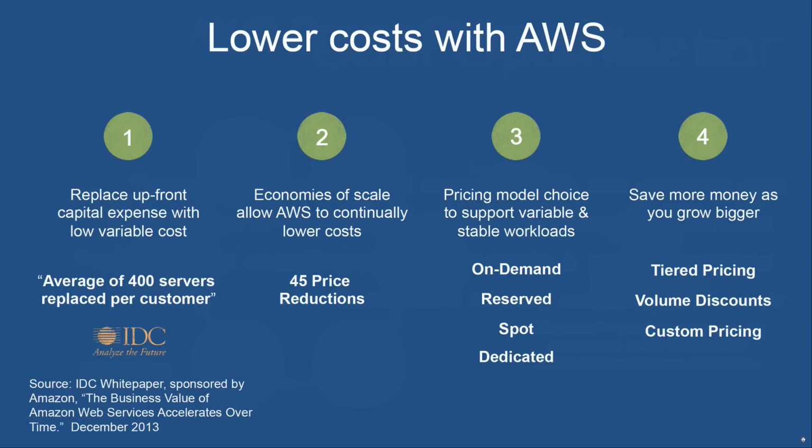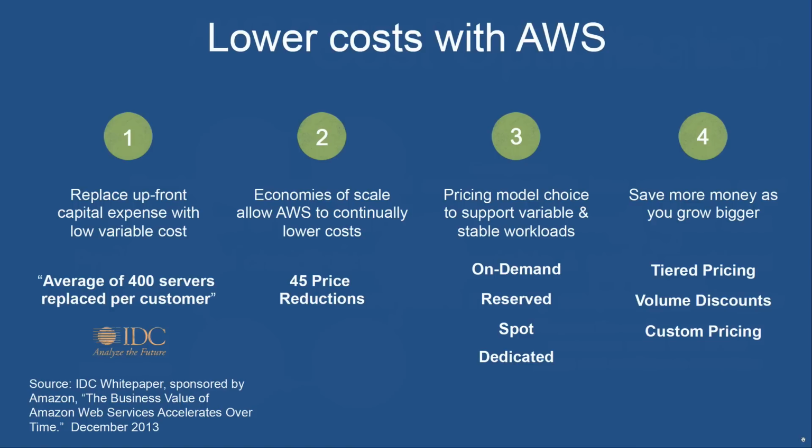And the characteristics of that low price model really are fourfold. So the first thing is this idea that you can replace upfront capital expenses with lower variable costs. And some work that was done by IDC towards the end of last year, where they were looking at the business value of AWS. They did quite a large survey of larger users of Amazon Web Services.